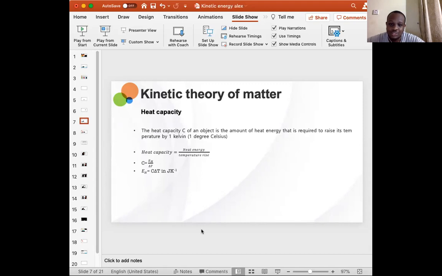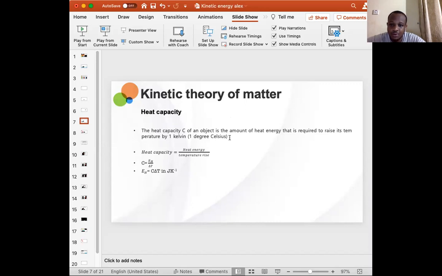To get that 1 degree Celsius change, you have to apply more heat to the more dense metal. So the heat capacity of an object is the amount of heat energy that is required to change its temperature by 1 Kelvin or 1 degree Celsius.